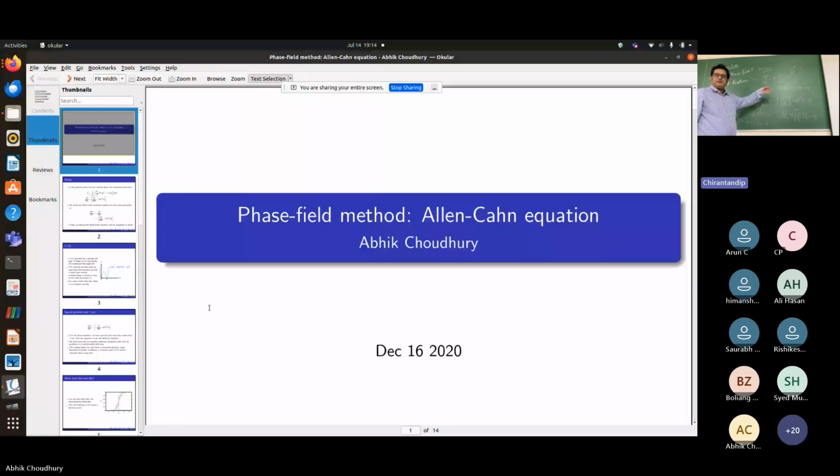Decreasing, because our boundary condition looks somewhat like this. So we have to take negative. And then we can solve for t of x.